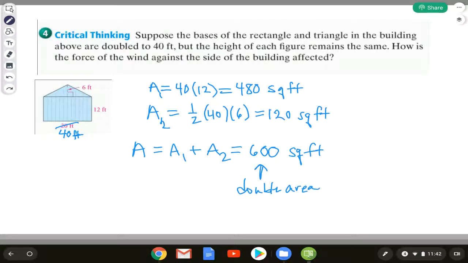Since I'm doubling the area and my force is 0.004 times the area times the velocity squared, the velocity squared didn't change, but the area was doubled. So what's going to happen is the force will be doubled, because we're just multiplying that equation by 2.